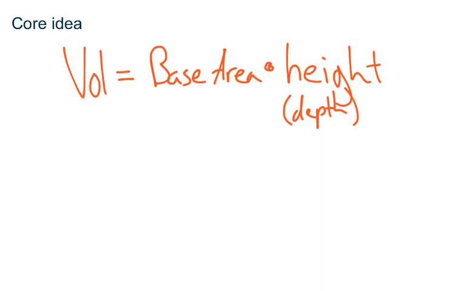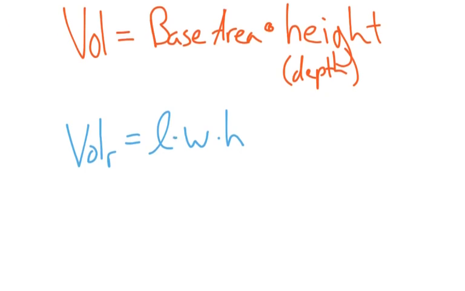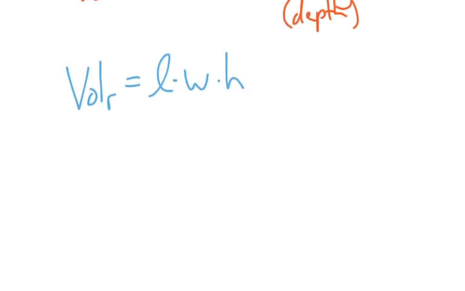When it comes to rectangular prisms, our volume is equal to length times width times height, or depth, whatever variables you want to use. But it gets a little more complicated when we talk about the volume of a triangular prism. That's where we take this idea of the base area times our third dimension.